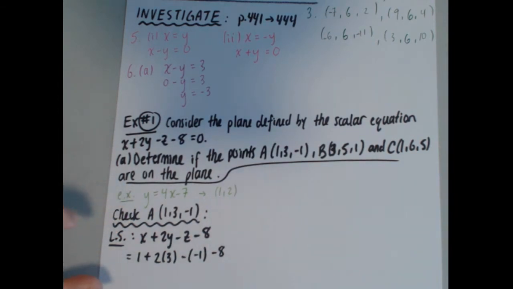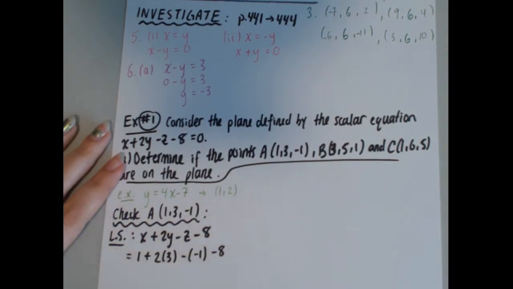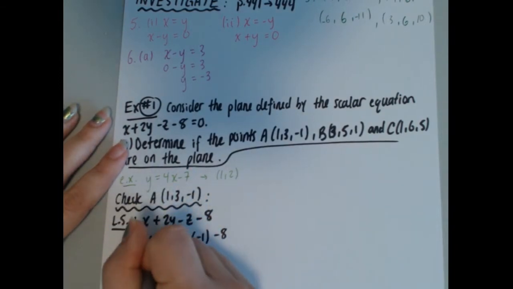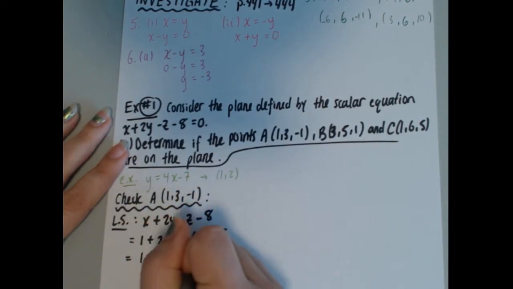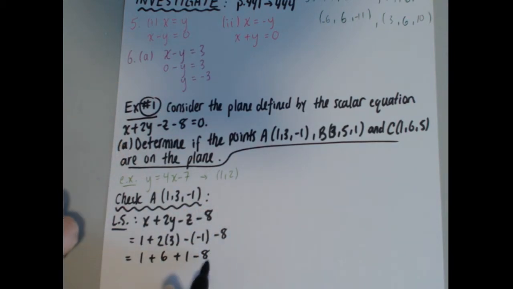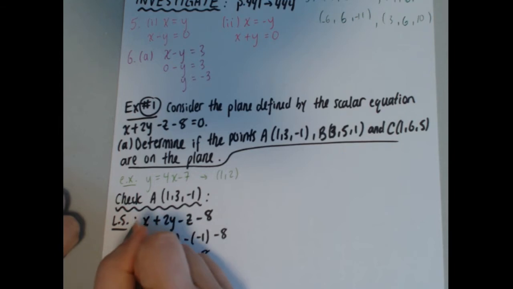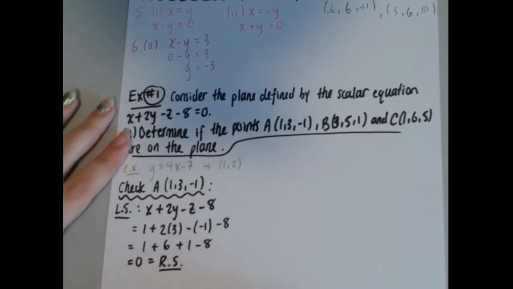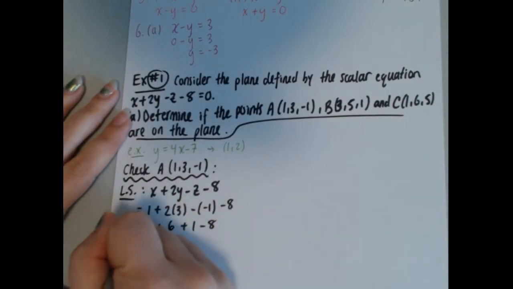So watch that minus -1 there. So we have 1 plus 6 plus 1 minus 8. 6 and 1 makes 8. Minus 8 is 0, which is equal to the right side. So therefore, A is on the plane.